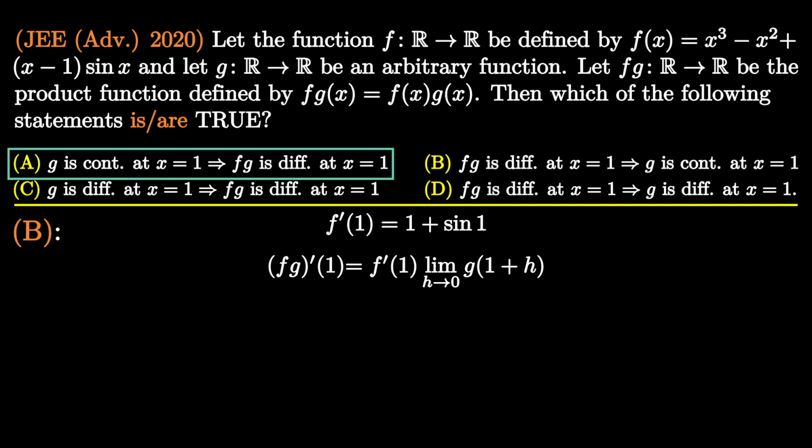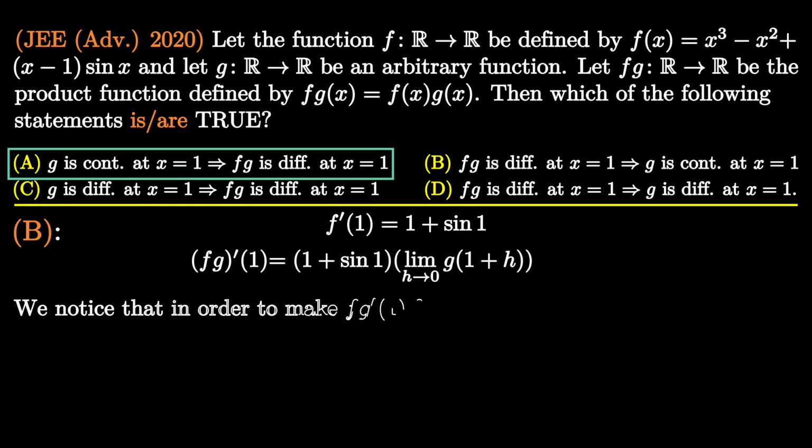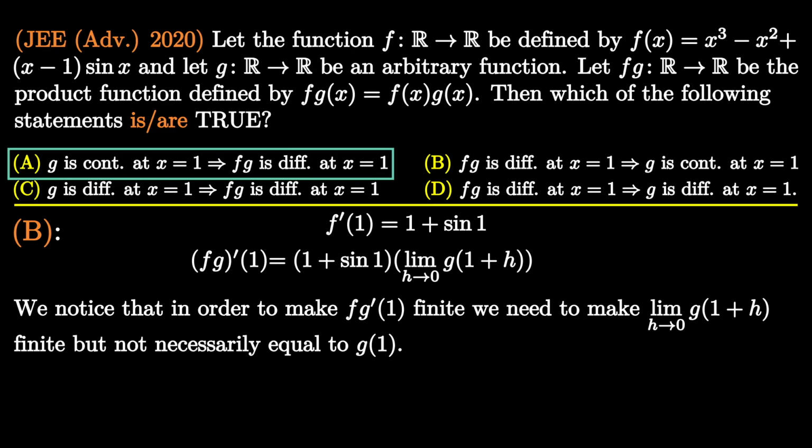It means that the value of (fg) dash 1 depends on the limiting value of g(x) when x approaches 1, which is not necessarily equal to g(1). This motivates us to hunt for a discontinuous function g for which f into g is differentiable.